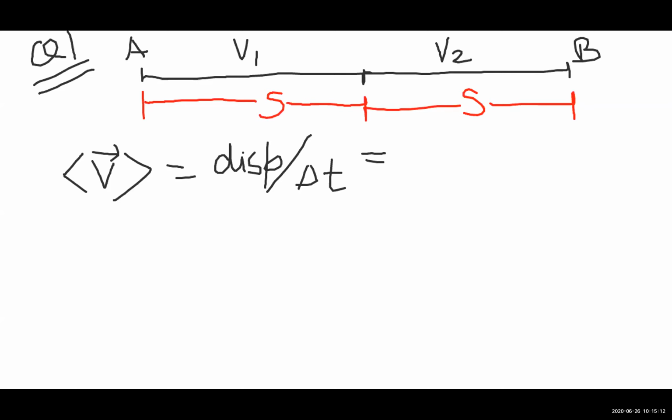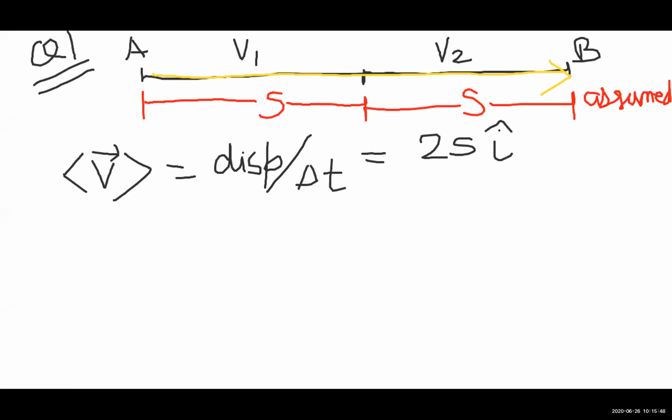Now we know that displacement is a vector, which is drawn from the initial position to the final position of the particle. So the displacement vector of the particle is 2s I cap. Okay, I'm using I cap. You can use east, you can use 0 degrees, or whatever you want to use.